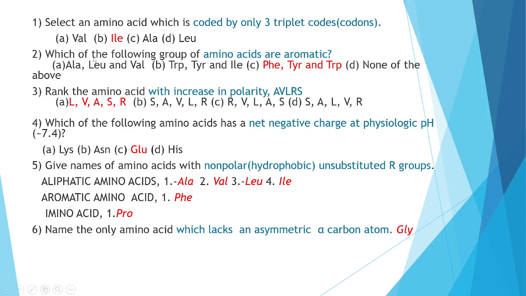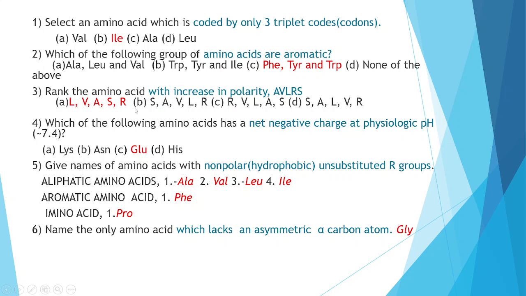Now, which of the following group of amino acids are aromatic? So this option C is correct, where option is phenylalanine, tyrosine and tryptophan. Then the answer to third question, increase in polarity among these amino acids? Answer A is correct, where this is leucine, valine, alanine, serine, and arginine.